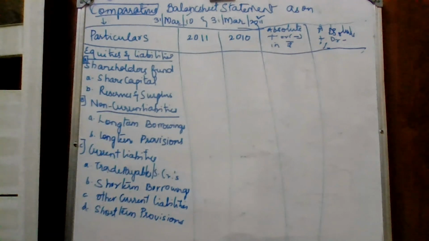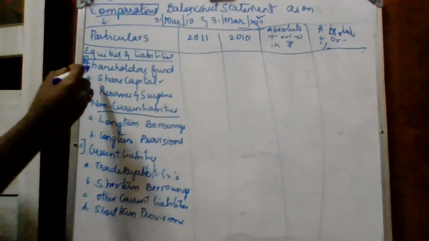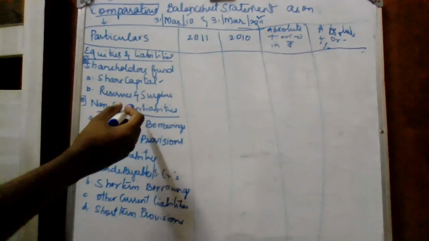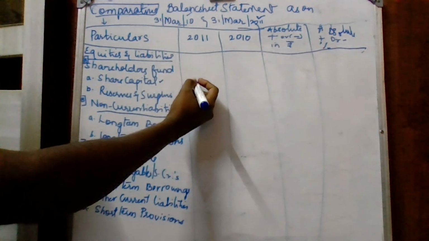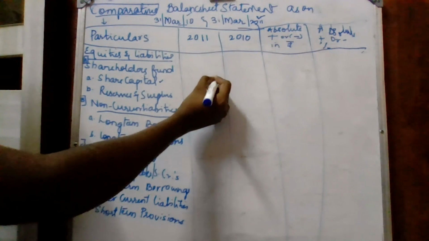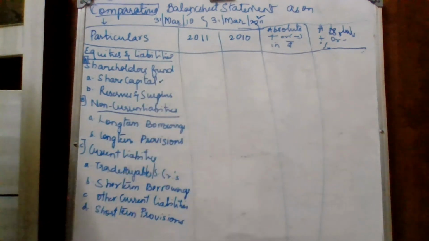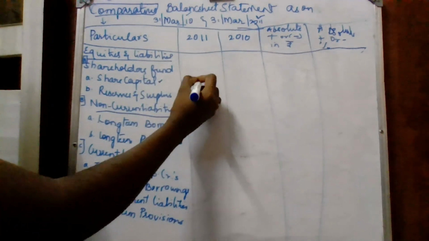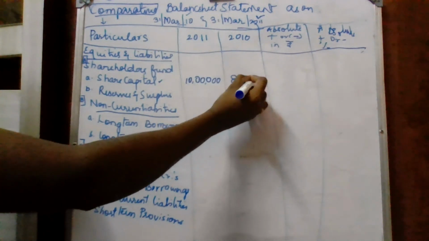So in the question, share capital comes under shareholders' funds, where the first part will be share capital. The amount given here for 2011 is 10 lakh, and for 2010 it is 8 lakh.